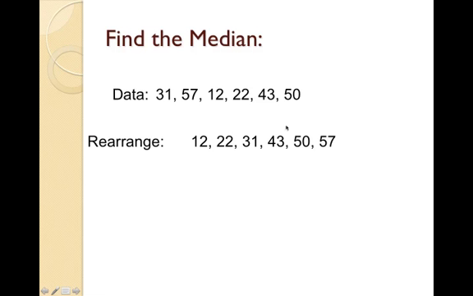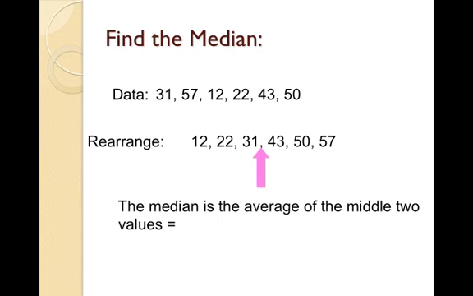We've got 2 middle values, 31 and 43 if you're counting in from either side. So we're going to take the average of 31 and 43. In between those two, the median is the average of the middle 2 values. And so 31 plus 43 over 2 gives us 74 over 2, which is 37.